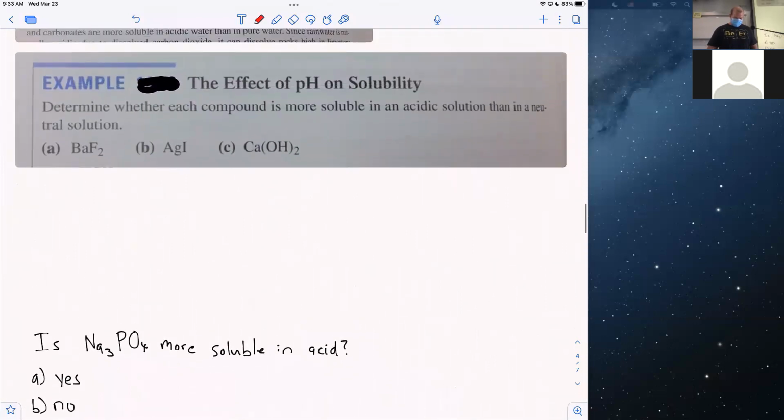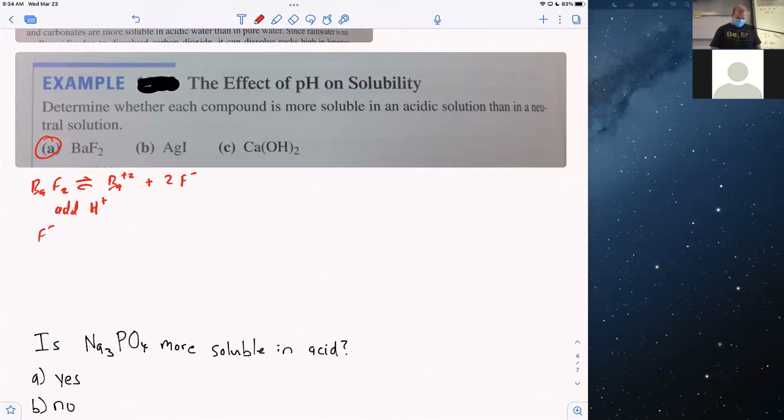So let's start with A. Barium fluoride is in equilibrium with barium plus 2 and 2 fluorides. And then what happens when we add H? So add hydrogen ion. What's going to happen?